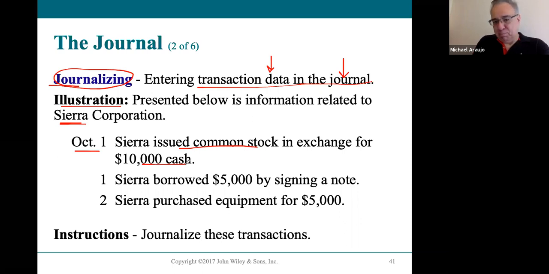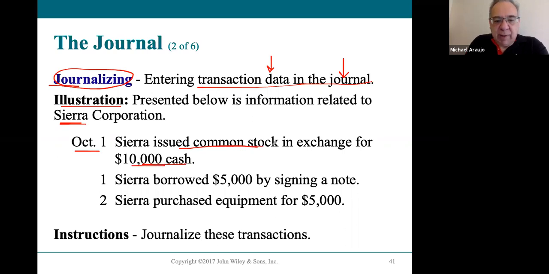Now, we have analyzed this. You said, okay, we have more common stock and we have more cash. Now that you know the cash account shows more on the debit side, we know based on our last objective that we're going to be debiting cash for $10,000 because we have more cash.